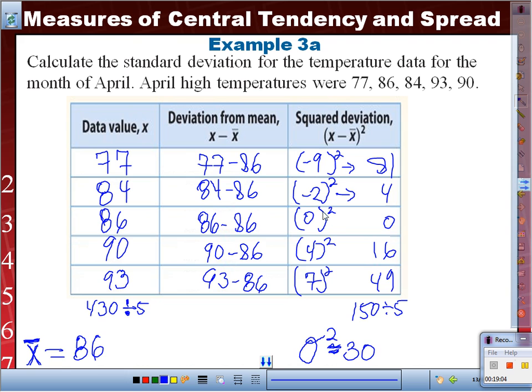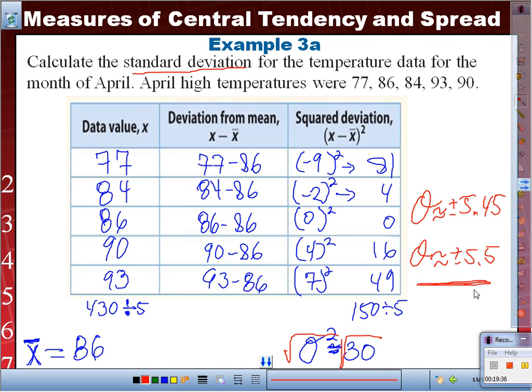But is that what we want? No, they're asking us for the standard deviation. What is this one? Standard deviation squared. So how do we find the standard deviation by itself? That is correct. Square root. So we're going to approximate. This is going to give us plus or minus 5.45, or we can round it to a standard deviation of plus or minus 5.5.